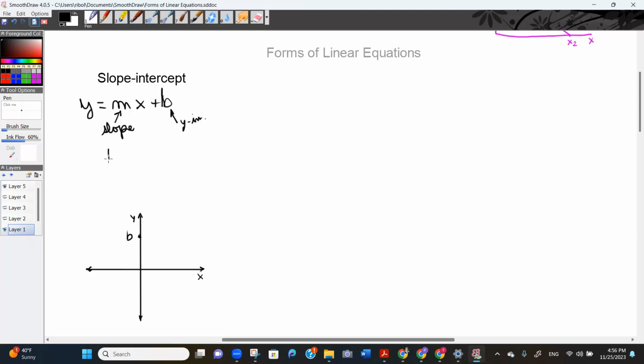If the slope is positive, we know that the line is going to have an upward slope. And if the slope is negative, then the line is going to go down.